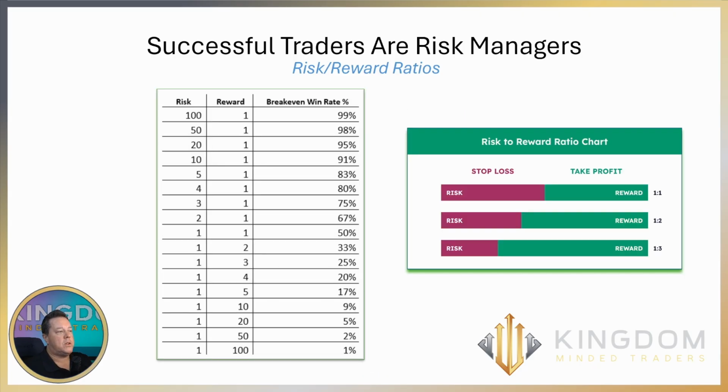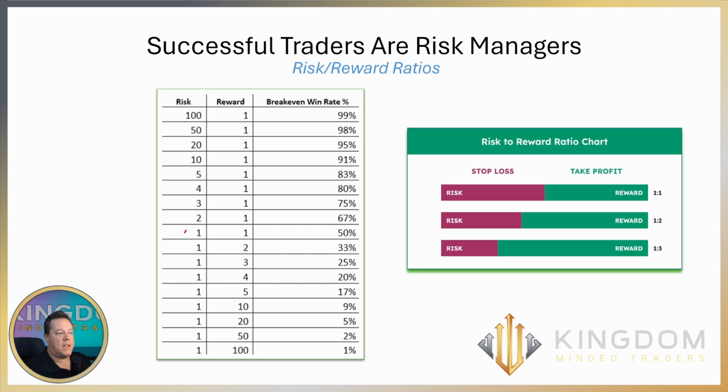So if we look to our risk to reward chart, we need to understand this. If you have a 1-to-1 risk to reward ratio, in other words, maybe it's $1 to $1, maybe it's $100 to $100, $1,000 to $1,000, whatever that may be.